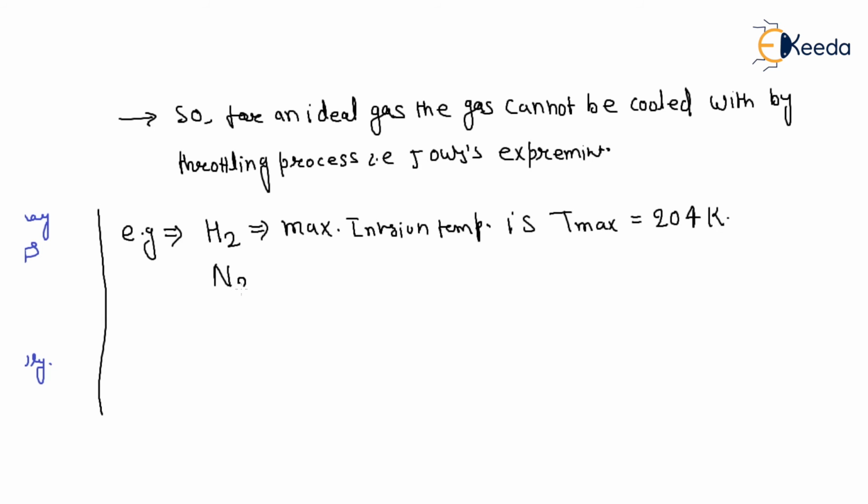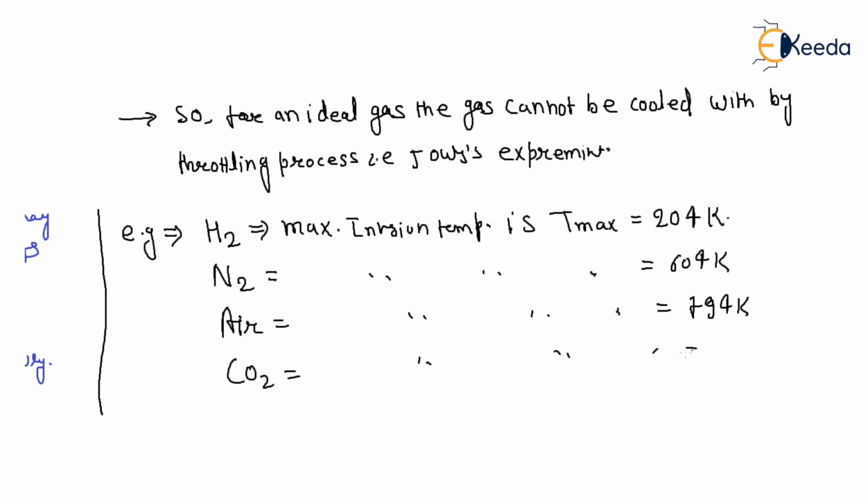Like that, nitrogen's maximum inversion temperature is approximately 604 Kelvin. Similarly, air's maximum inversion temperature is approximately 794 Kelvin. Similarly, carbon dioxide's maximum inversion temperature is 1250 Kelvin. So it will never cool directly.